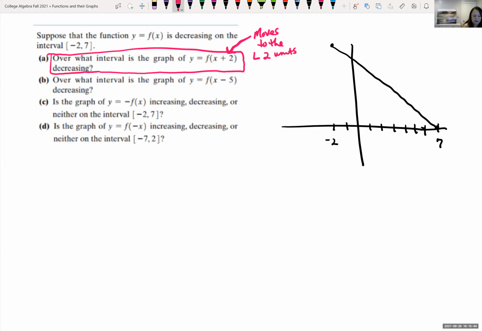If I'm moving my whole function to the left 2 units, then it's not starting to decrease at -2, it would be starting to decrease at -4. So the interval where it's decreasing is going to start at -4, and it stopped at 7 before, but moving it to the left 2 units, it's going to stop at 5.